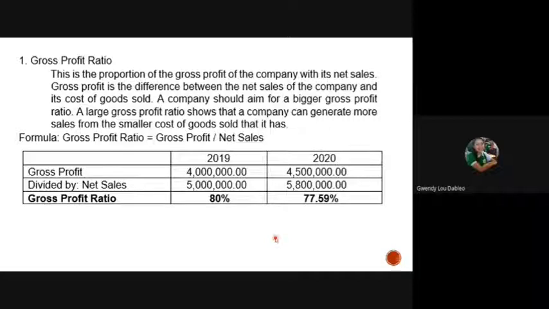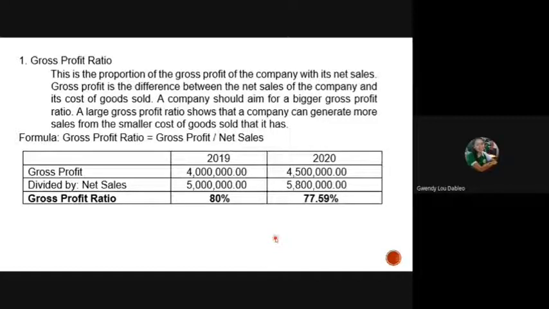But for the year 2020, nag-decrease siya, no? For every 1 peso, naa lang siya ay 0.78, or 78% if we convert that. Pwede siya nato ma-improve, no? Say pamaagi by continuously finding inventories with lower cost.